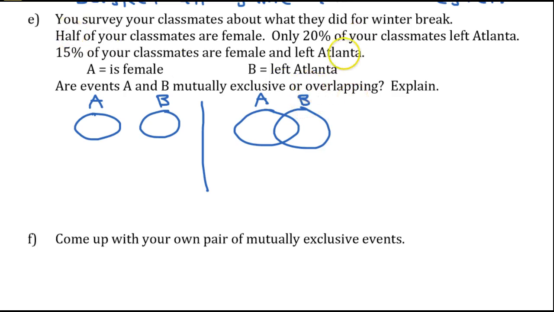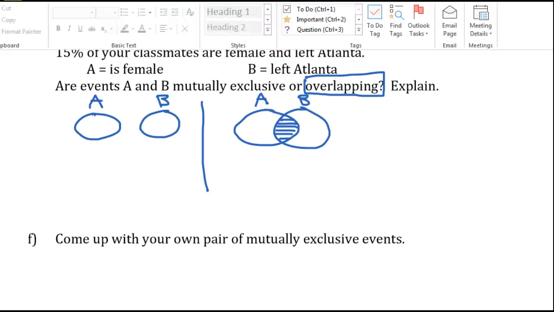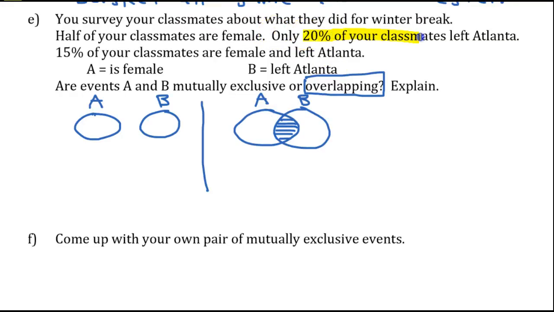Well, most of this problem is just a distraction because the answer is very quick and obvious. These will be overlapping because they have a portion in common. There are some students that are female and left Atlanta, and they are right here in the problem. 20% of your classmates, nope, that's the wrong one. 15% of your classmates are female and left Atlanta.